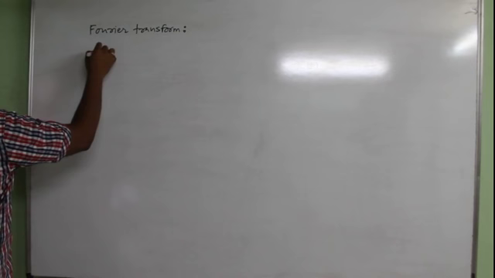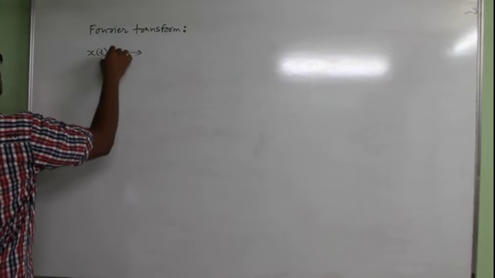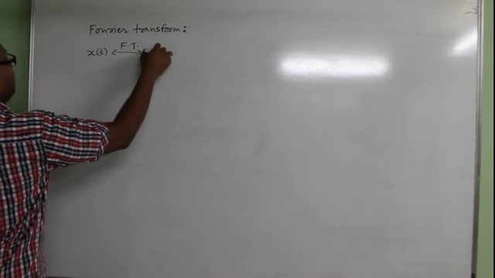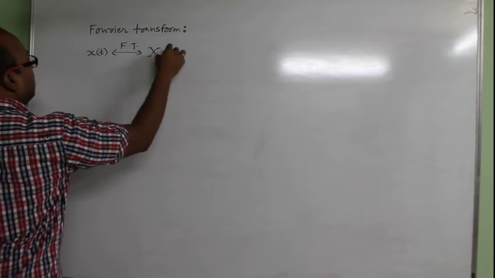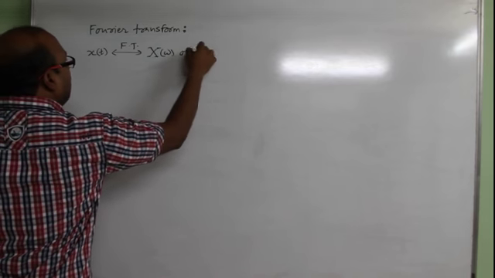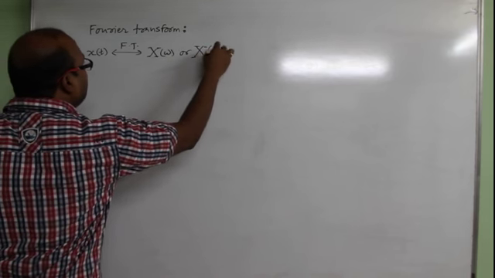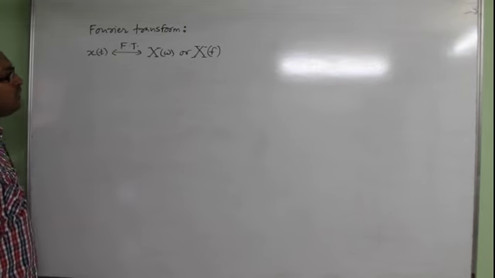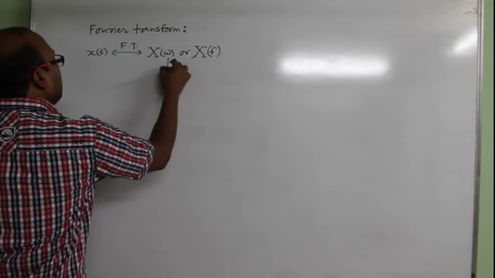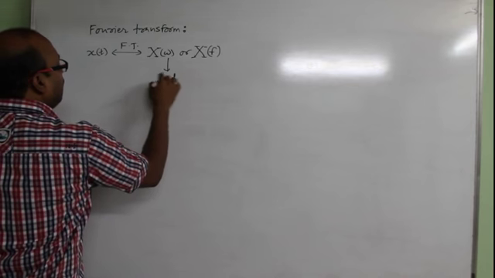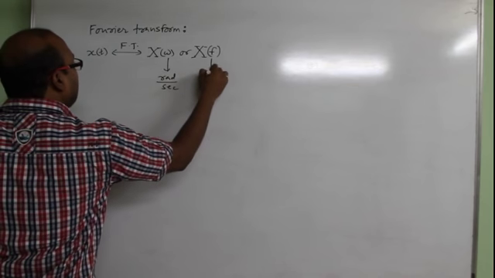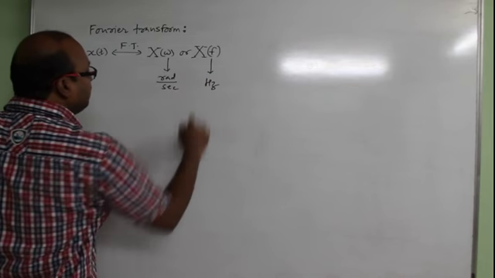If x(t) is any continuous time signal, then its Fourier transform is denoted by either X(omega) or X(f). Both omega and f are frequencies. The unit for omega is radian per second and for f the unit is hertz.